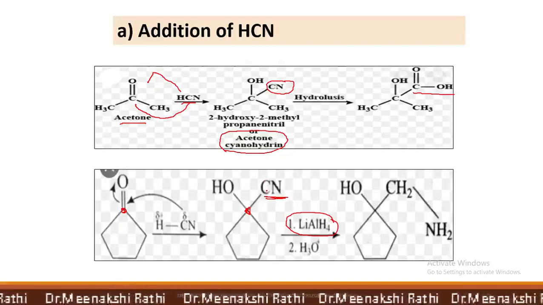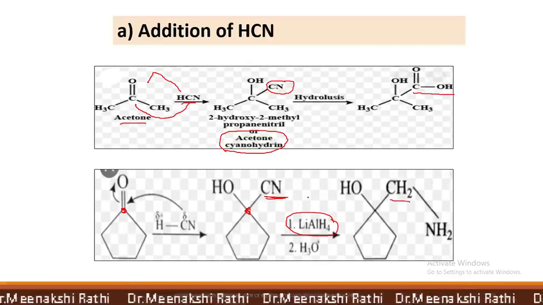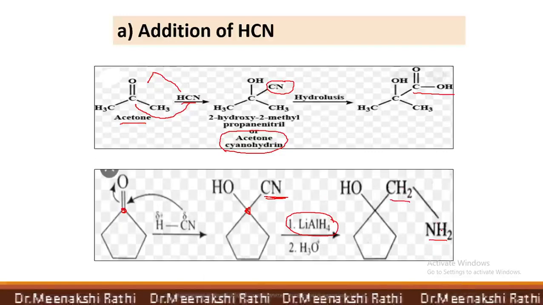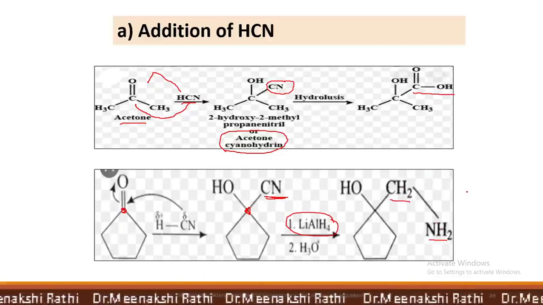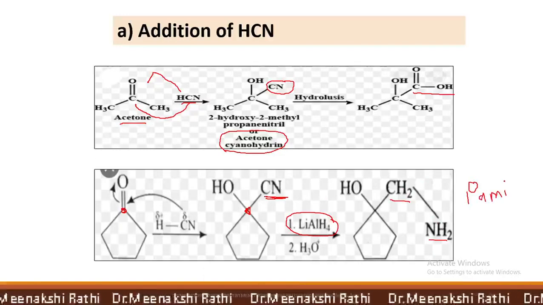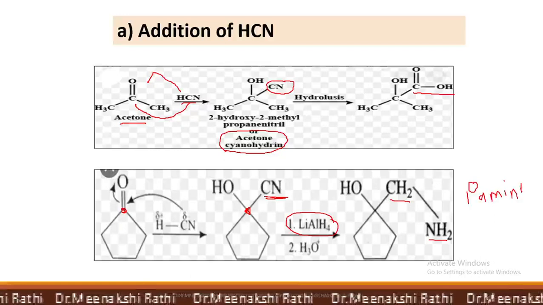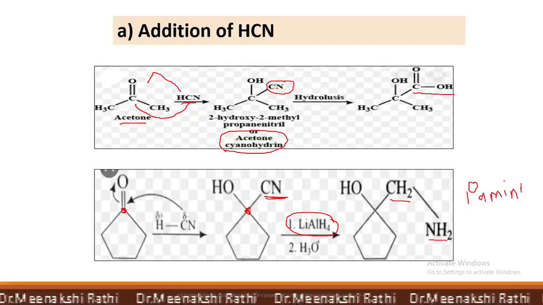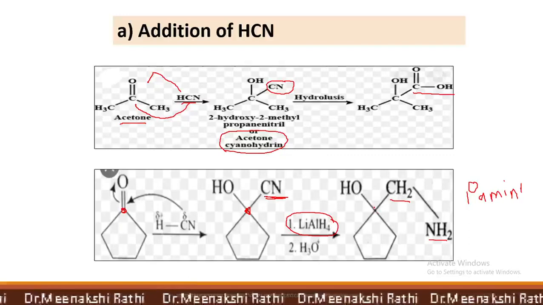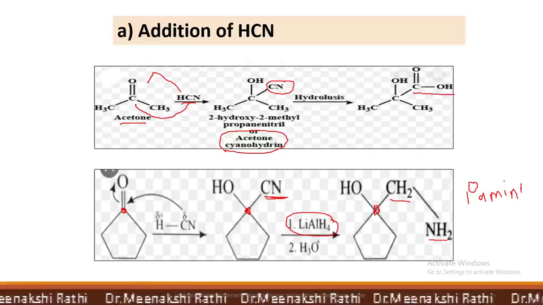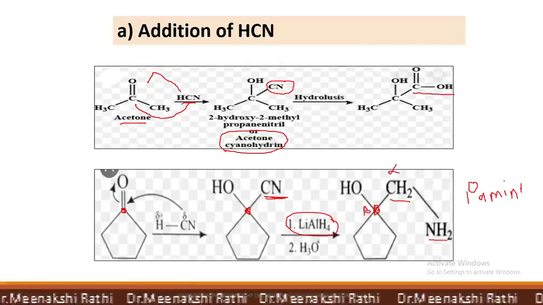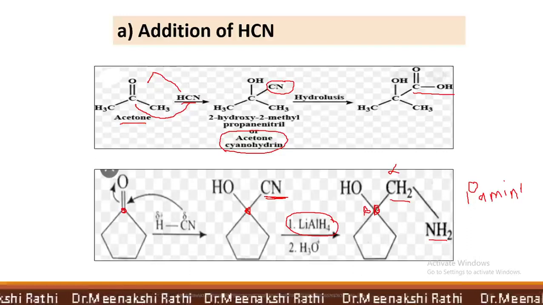So to this carbon 2 hydrogens are added and to this nitrogen 2 hydrogens. So we get CH2NH2. CH2NH2 is nothing but the primary amine. So we can say that cyanohydrine on reduction gives beta hydroxy. This carbon is a beta carbon. This is alpha, this is beta. So we get beta hydroxy primary amine.